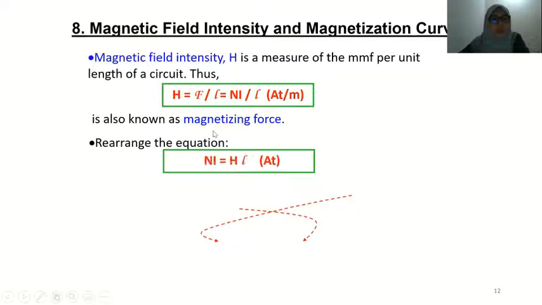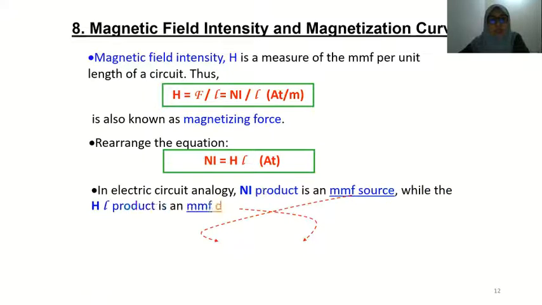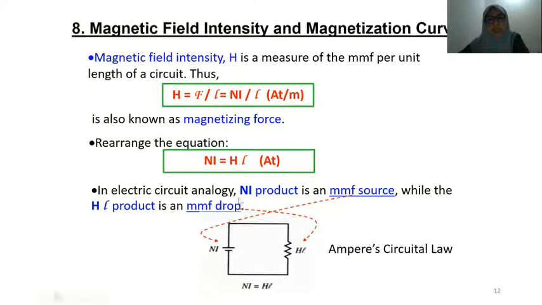If we rearrange the equation, we find that NI is equivalent to HL, in ampere turns. Using the electric circuit analogy, the NI is the MMF source, because F is equal to NI, while the H times L product is the MMF drop.